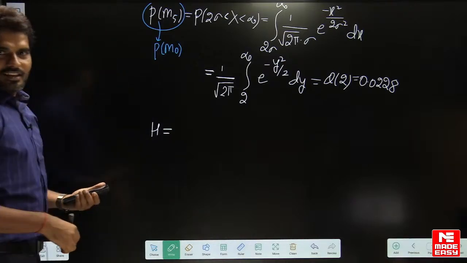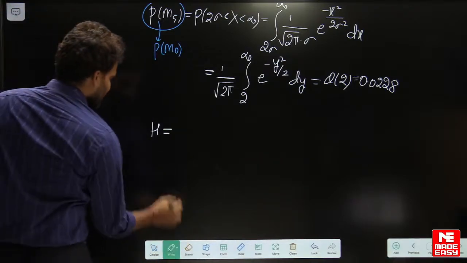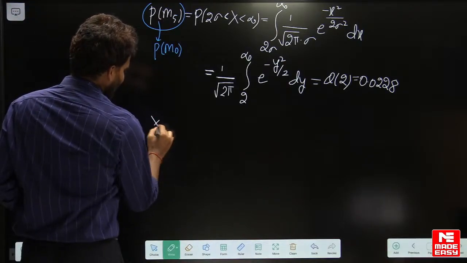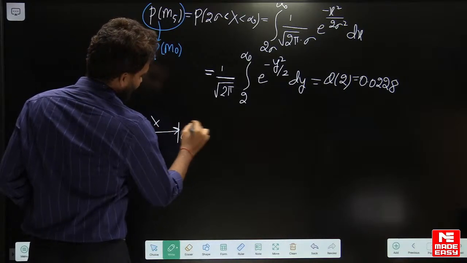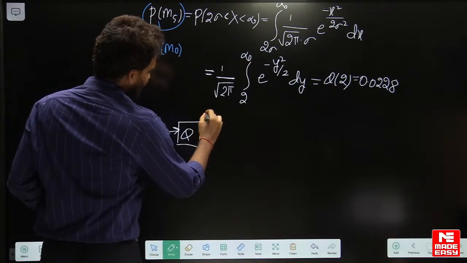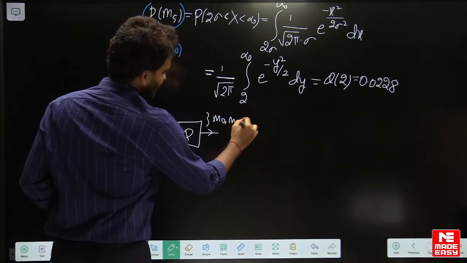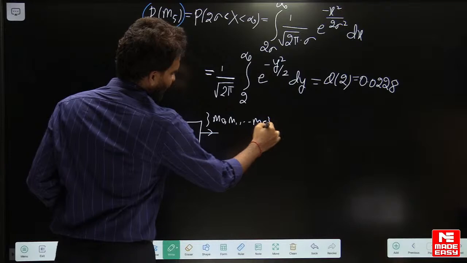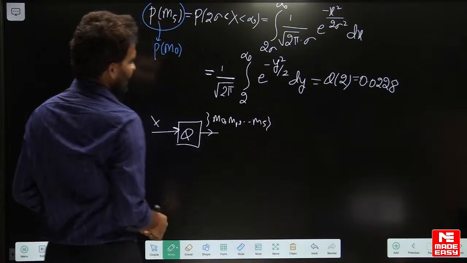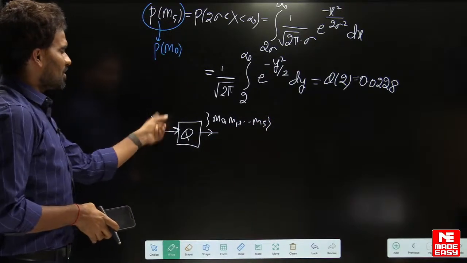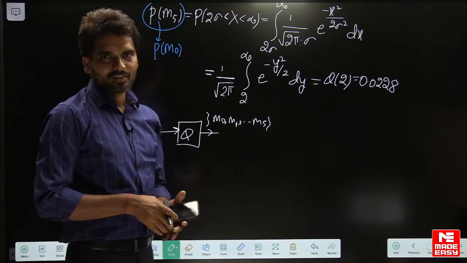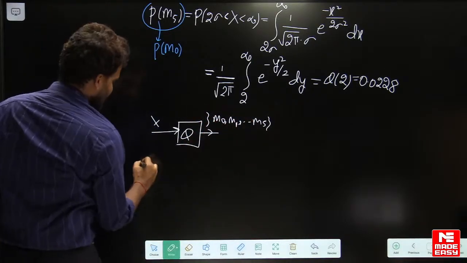Here x is the input to the quantizer, q means quantizer, and at the output of the quantizer you will get the quantization voltages M0, M1 up to M5. Depending upon the x value, the quantizer output can be any of these. You have to get the entropy at the quantizer output.